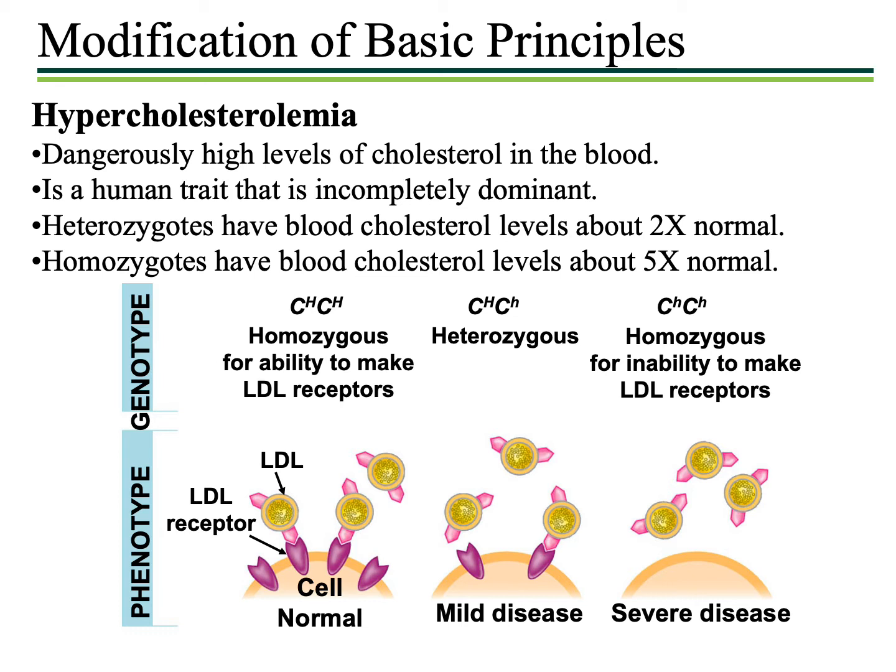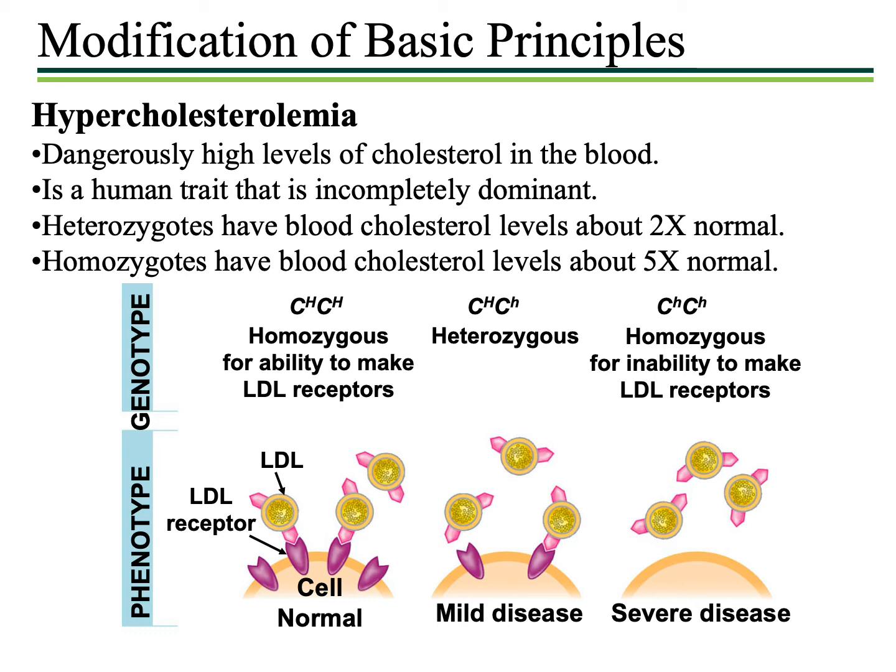What you can see with the genotypes listed below, as well as the phenotypes, is what's happening in these situations. So if you look at a homozygous individual that is able to produce a particular receptor, those individuals are phenotypically normal.